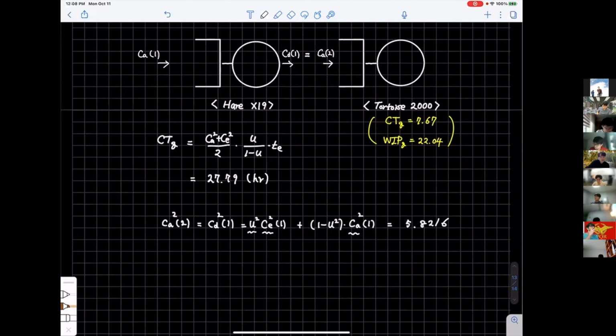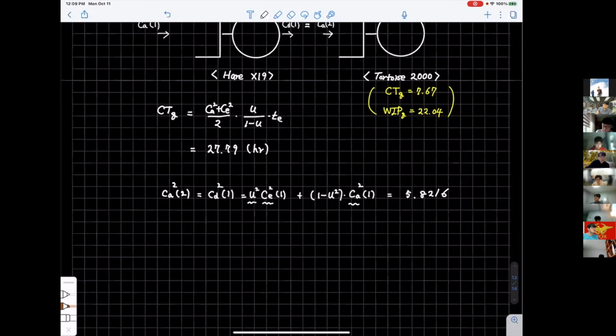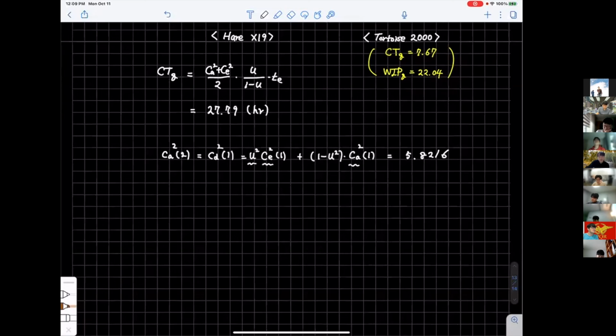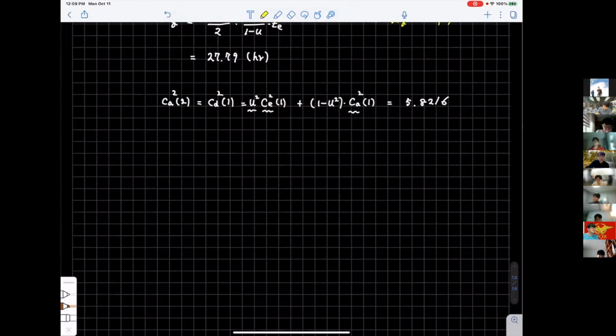What was the number of CA of Tortoise 2000? What distribution was assumed for Tortoise 2000? It was 1, because we have assumed the exponential distribution.